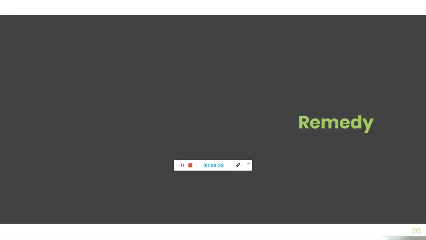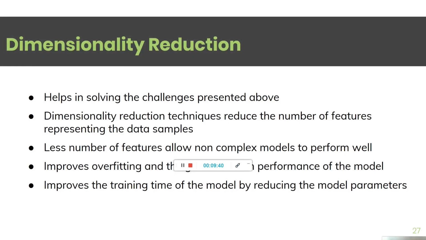So the remedy for most of these challenges that we mentioned above is dimensionality reduction techniques. Dimensionality reduction techniques look at ways to reduce the number of features representing each sample in the dataset, or in our case each flow in the dataset. Fewer features allow the use of not very complex models, such as support vector machines, that produce linear or simpler hypotheses that do not overfit the data, so they allow these models to perform well.